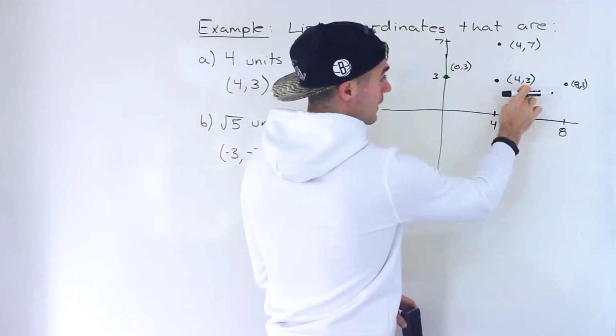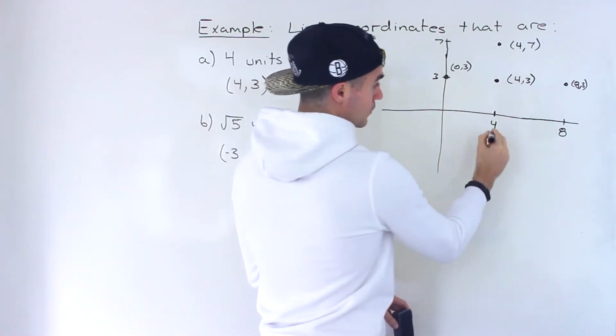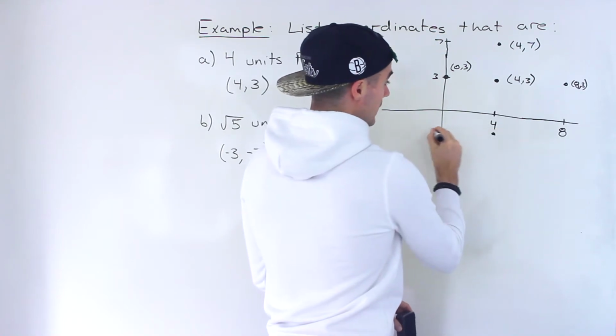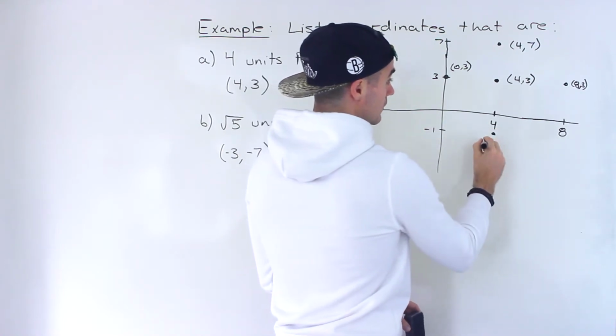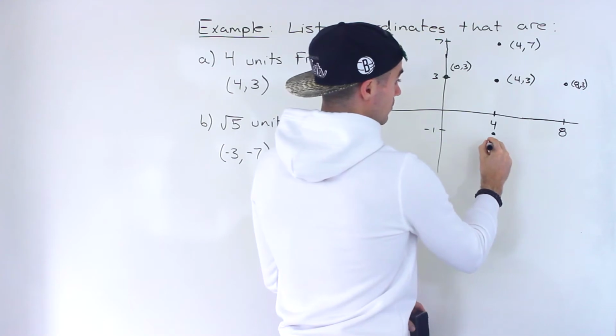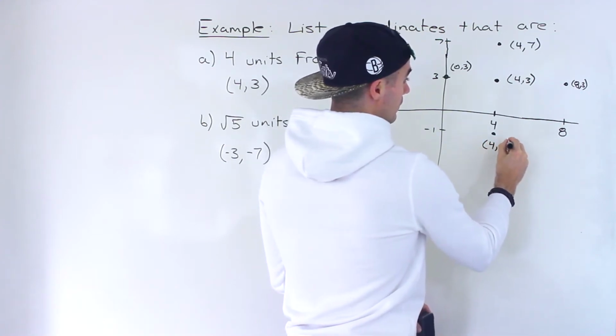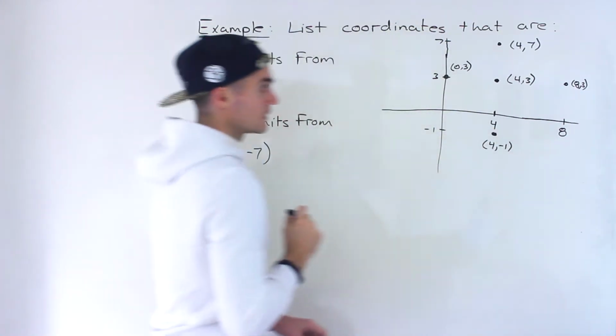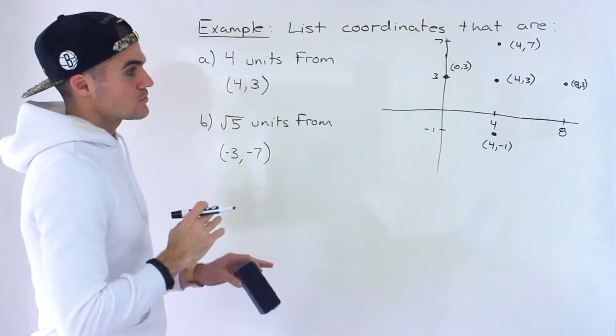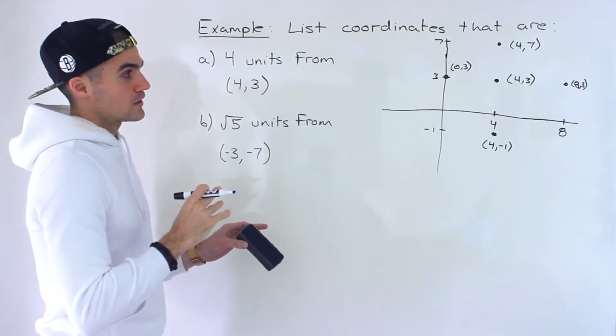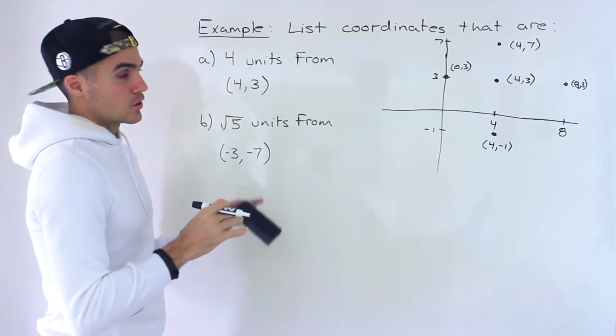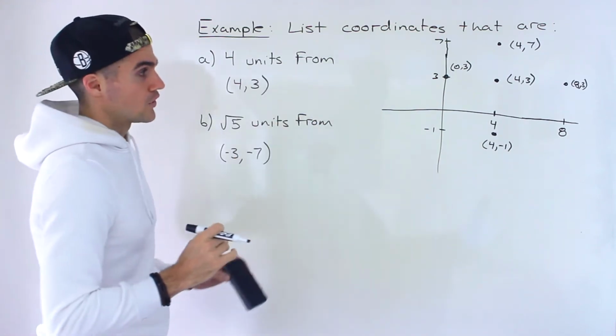If we're at a y value of 3 and we go down 4 units, now we would be at a y value of -1. So the point would be (4, -1) right there. Those are usually the easiest 4 coordinates to get, going horizontally or vertically.